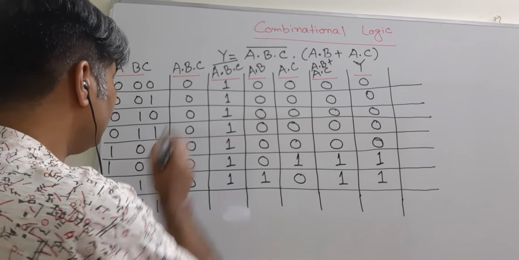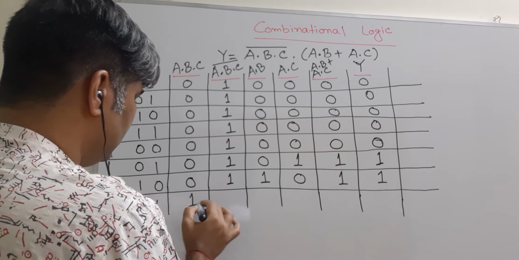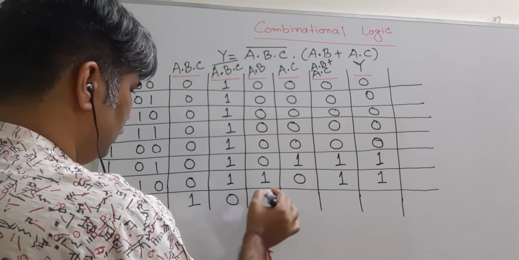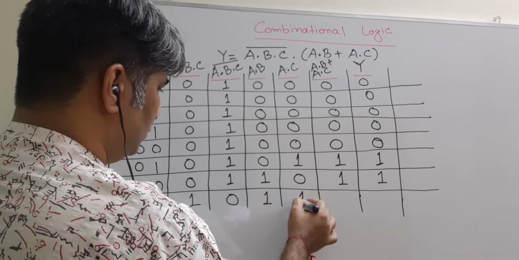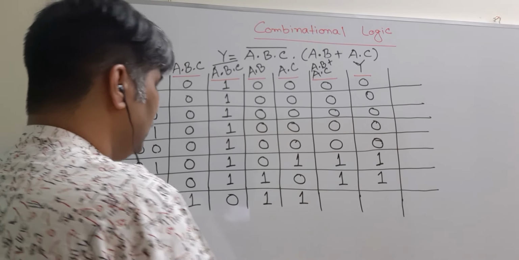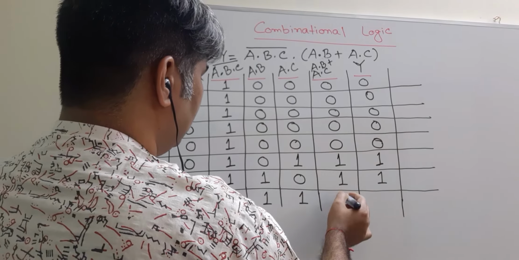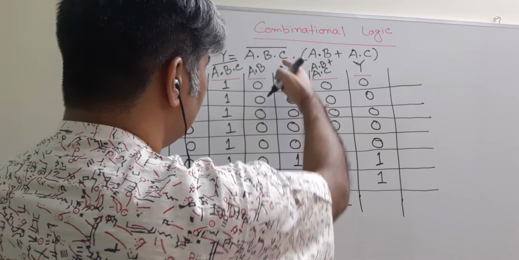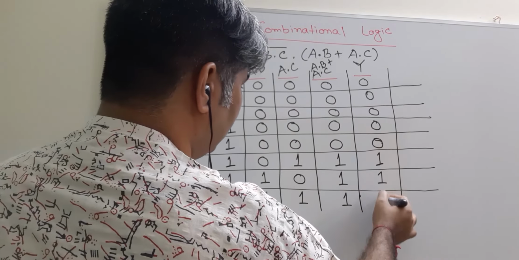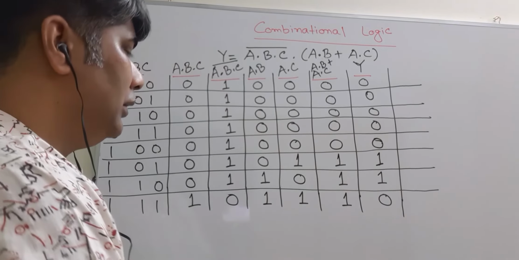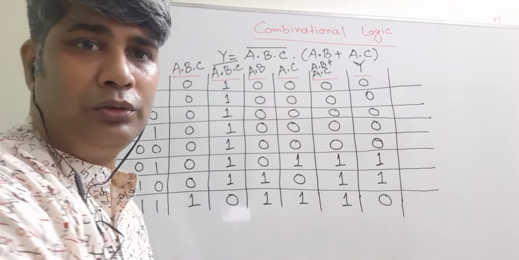So this is 1, this one becomes 0, this one is 1, this one is 1, and then this one becomes 1, and the final y becomes 0. Now this is the final form of the truth table.